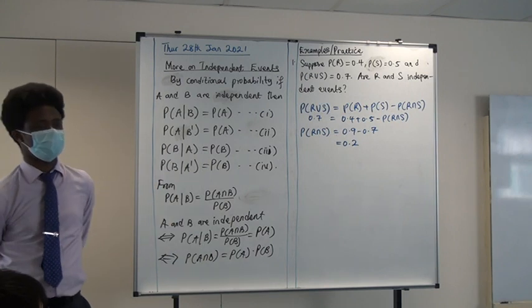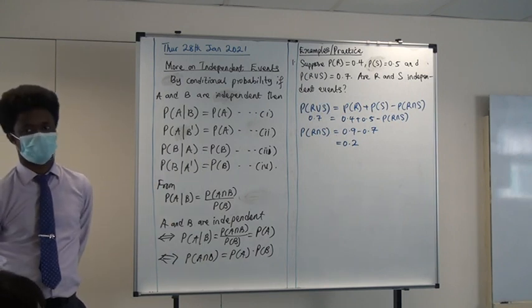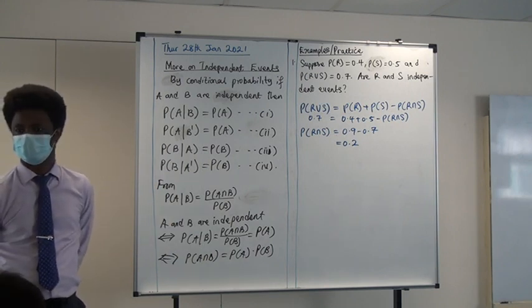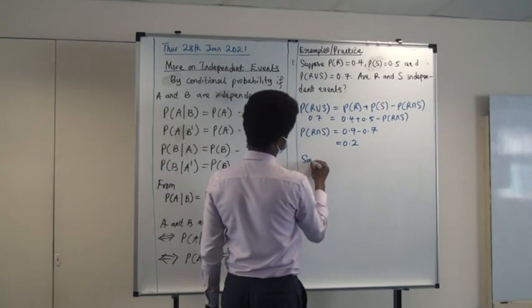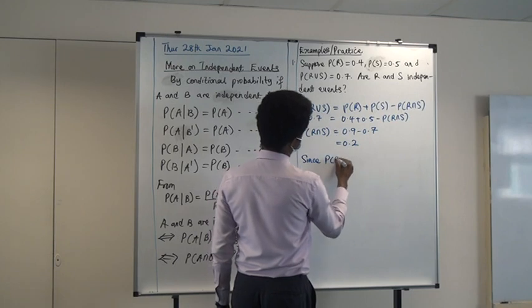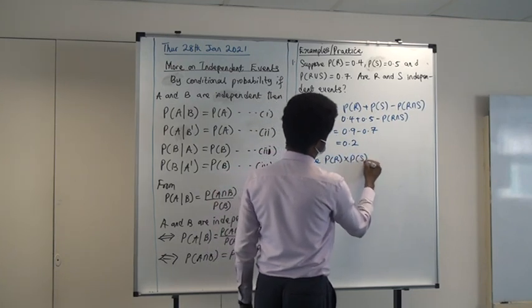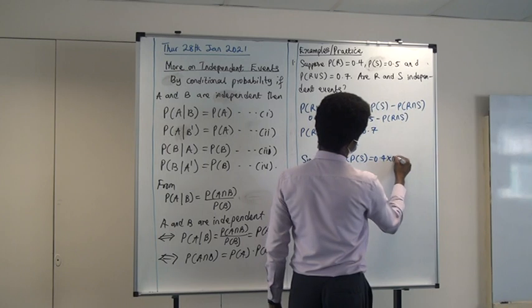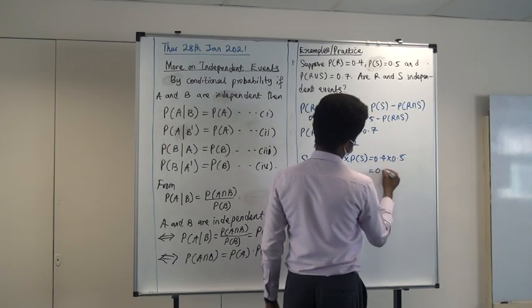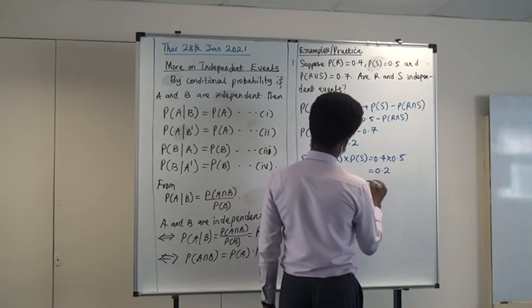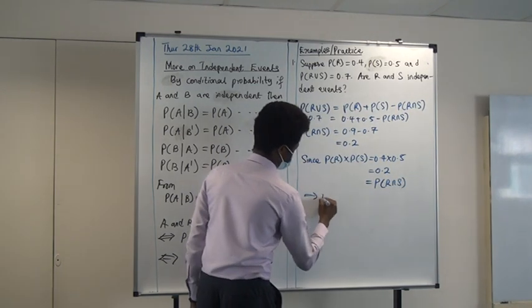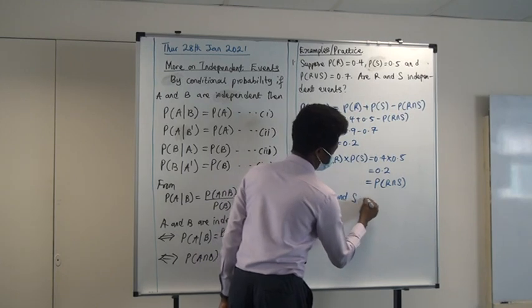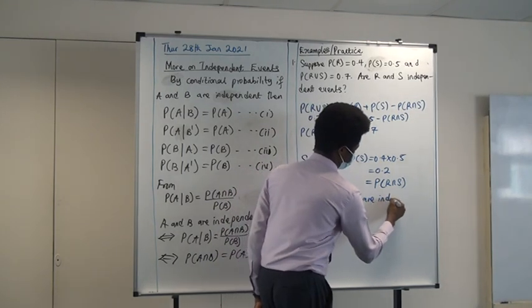Is 0.4 times 0.5 20%? Since probability of R times probability of S, which is 0.4 times 0.5, is 0.2, of course this is the same as the probability of the intersection. It implies that R and S are indeed independent.